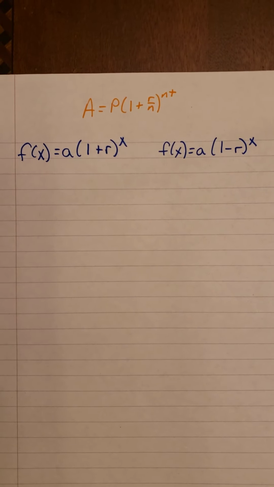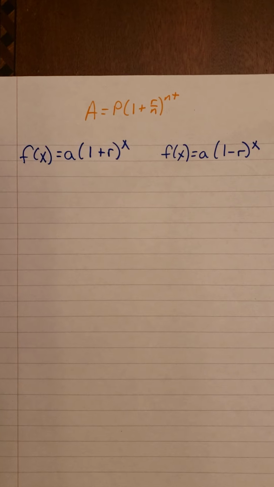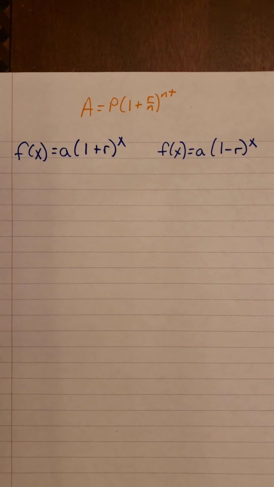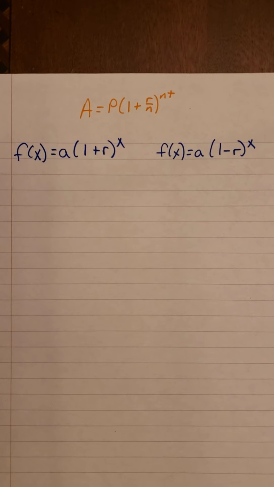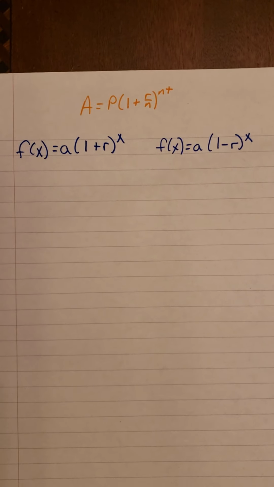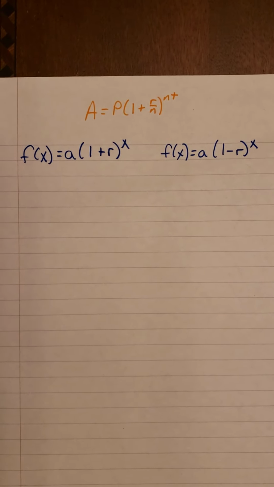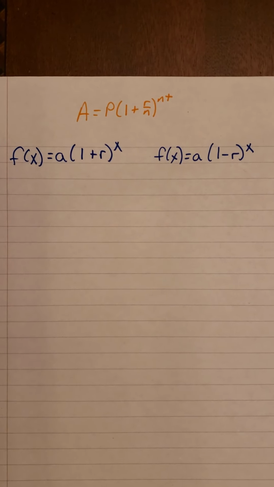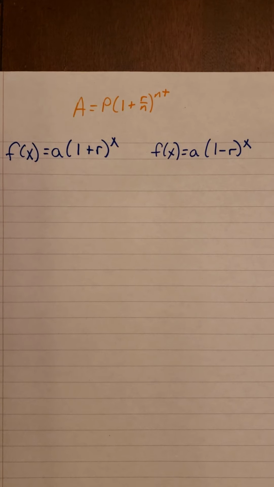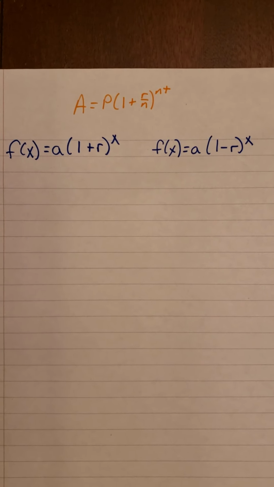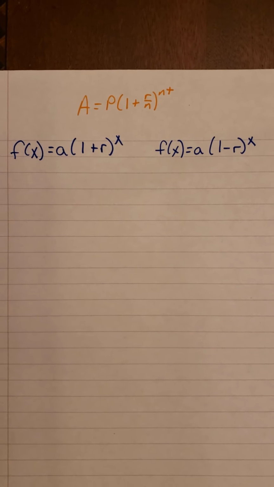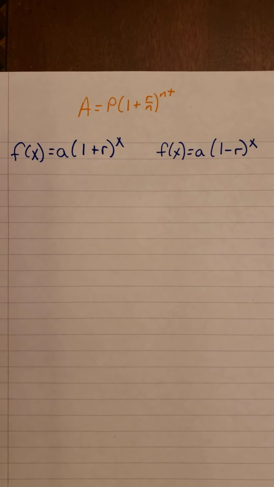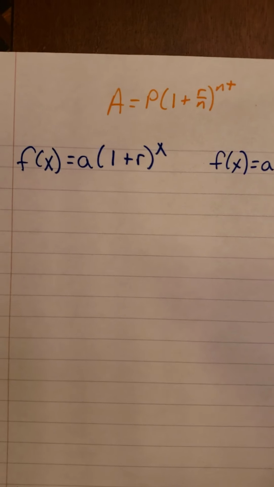They have actually looked at like the coronavirus and other viruses, and the way it spreads is exponentially, which is why it's so important that everyone stays inside, to kind of slow that exponential growth. And they have models for it that somewhat meet what we're looking at right here. This is obviously a simplified version of it from what they're using, but it follows the same basic principle. So let's take a look at exponential growth and decay first, and then we'll get into compound interest.